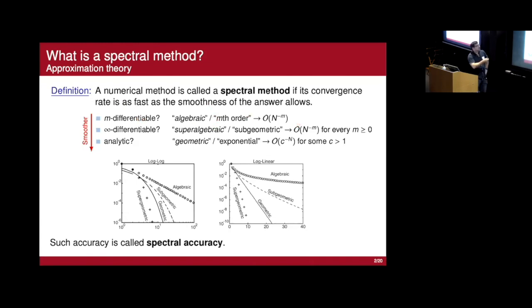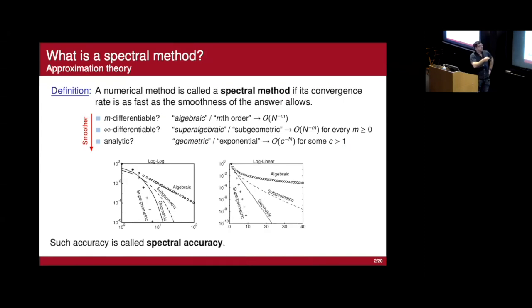So if my answer has, say, m derivatives, then you get what Alex alluded to as algebraic or nth order convergence, which is like, if I'm using n degrees of freedom to represent my answer, then I get order n to the minus m convergence in my error.